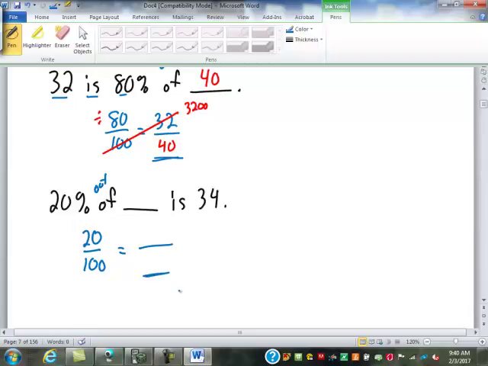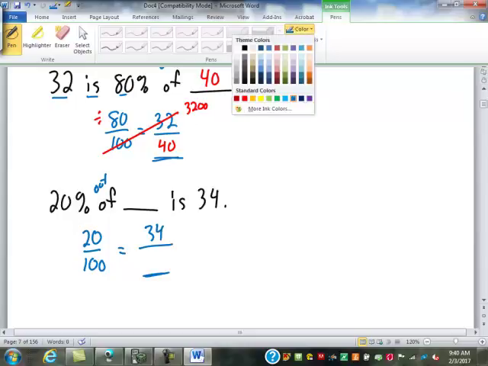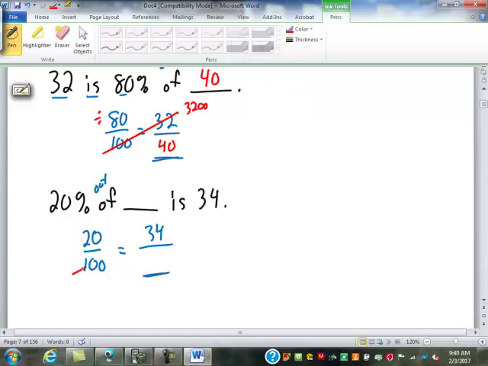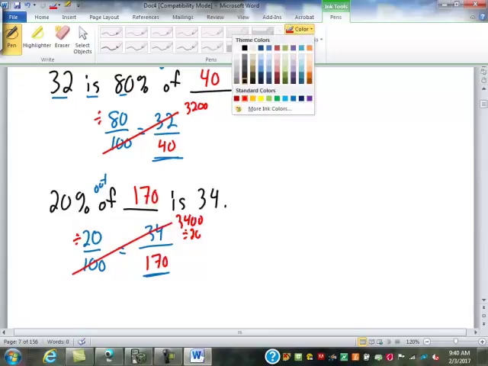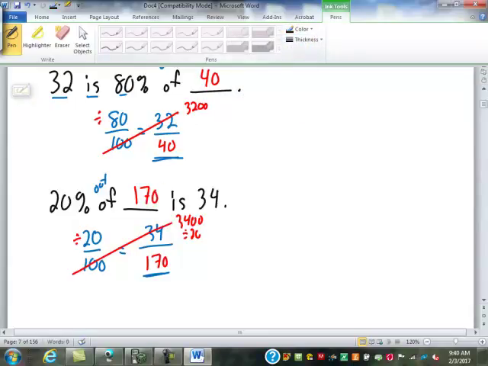Implies the missing number is on bottom. 34 has to go on top. Cross multiply, 100 times 34 is 3,400. Divided by the 20 is 170. So 20% of 170 is 34. Any questions so far?